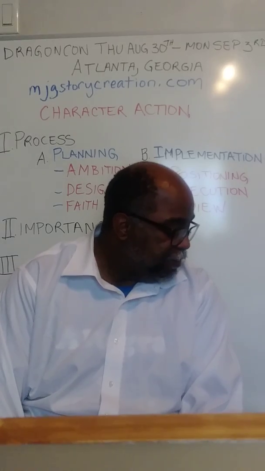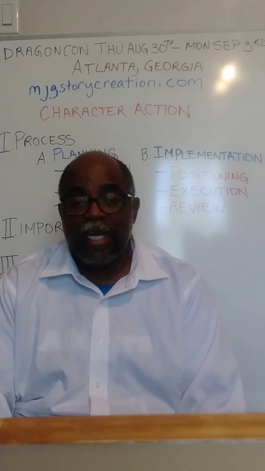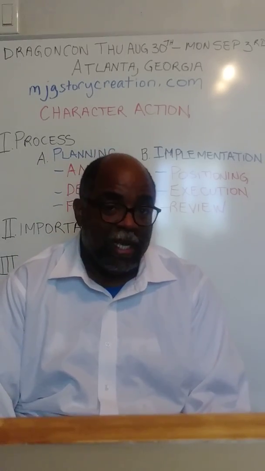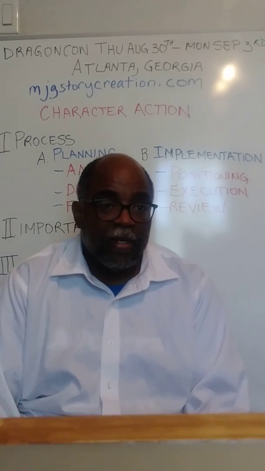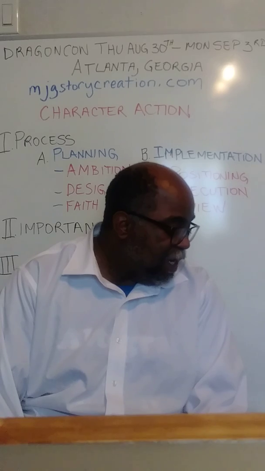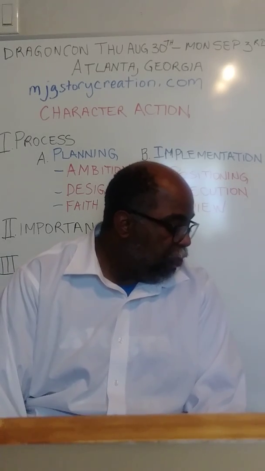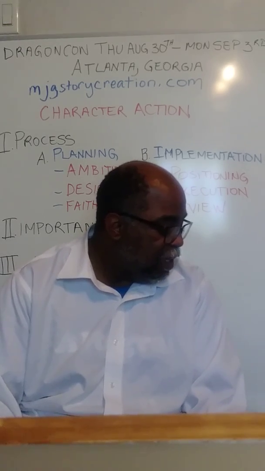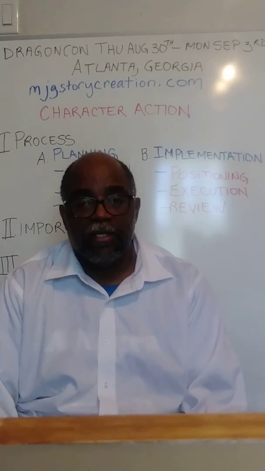So we have planning. And then the next part is implementation. Now, both of those are action words, but implementation is the part that we see. Chances are we see most of it, right? But it's an external thing. So we see it, and both are necessary to maintain emotional continuity and must be seen by the audience.